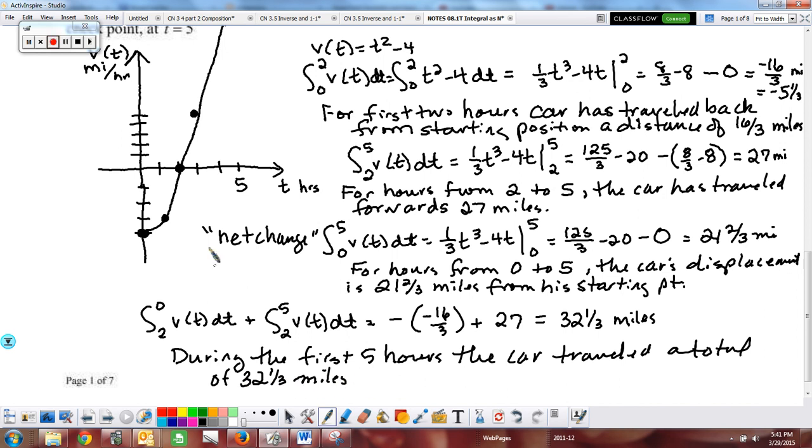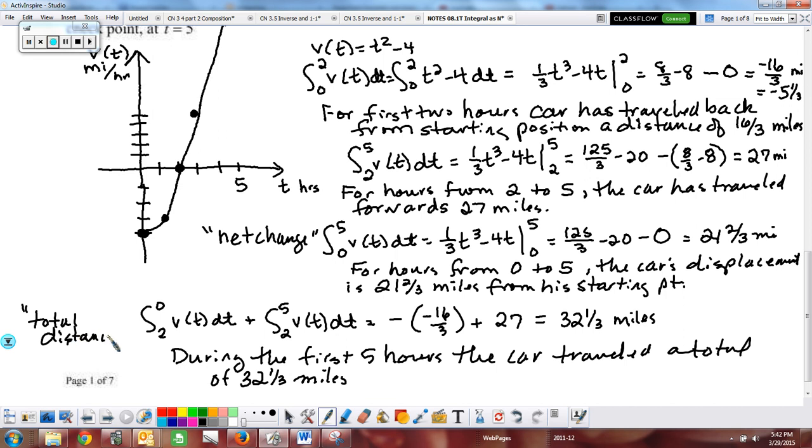Because what you're doing is you're taking the portion that was negative, going in the backwards direction, and you made the definite integral positive, so that way it was adding distance in. It was how much distance, not the distance with direction. We took out the direction and added the 27 to get our total distance traveled. So this one was our total distance.